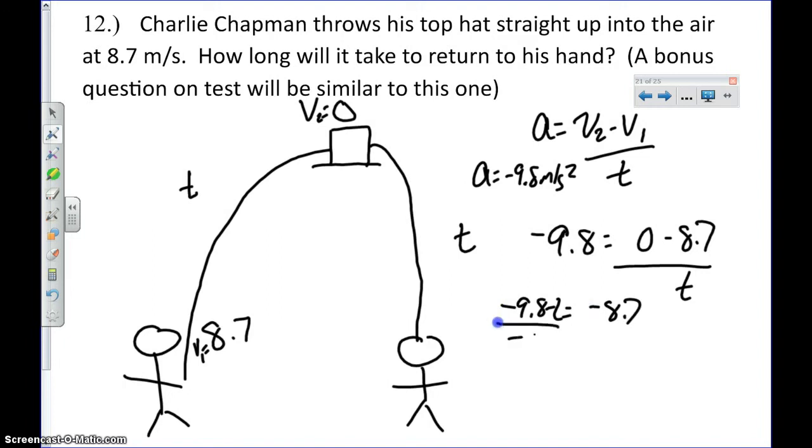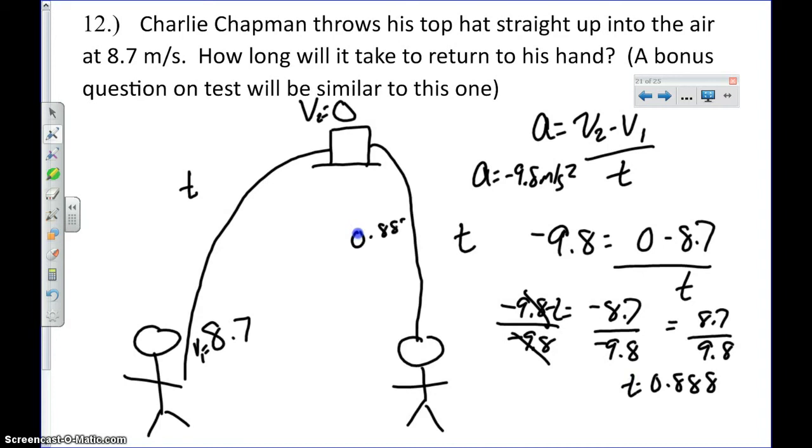Divide both sides by negative 9.8. And then my negatives are going to cancel, right? So I'm going to have just 8.7 divided by 9.8, and that's going to equal T equals 0.888. But that's how long it takes to go up, and that's also how long it takes to come back down, because however long it takes to go up, that's how long it takes to go back.